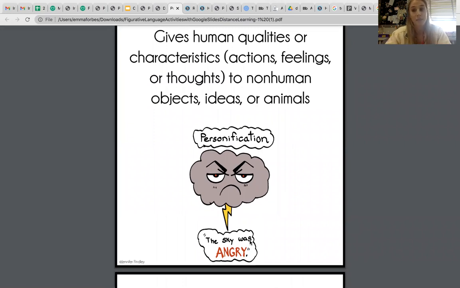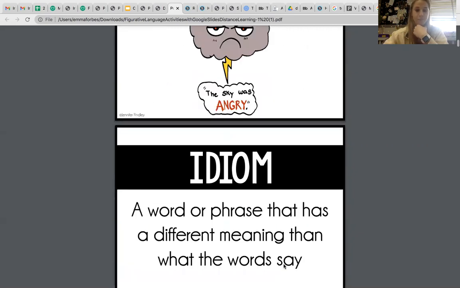The sky is not capable of showing emotions, but when it says the sky is angry, we're thinking about thunder and a big storm, and we know it doesn't actually mean the sky is feeling angry. We know it's going to be a very scary night or a scary day, because it's going to be very, very stormy.